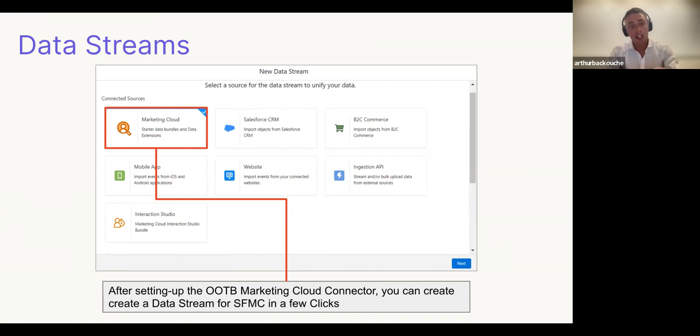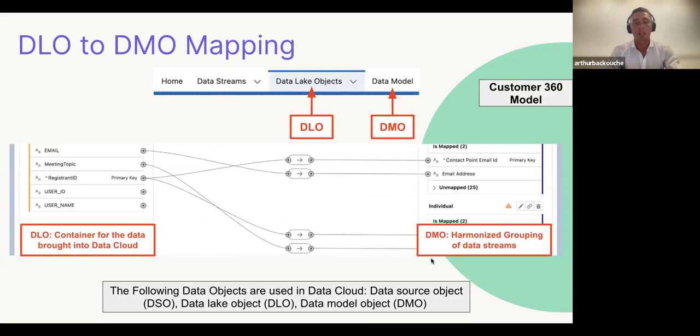And if I create my setup correctly first, then I will see the Marketing Cloud logo directly in the new data stream. Or I will see B2C Commerce, or Salesforce CRM, when I create this new data stream. If I don't do my connector setup correctly, then it will not be there. But as we do it correctly, we will see Marketing Cloud, so I will be able to continue creating my data stream.